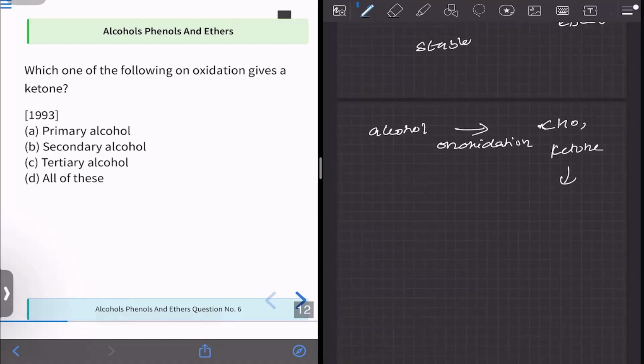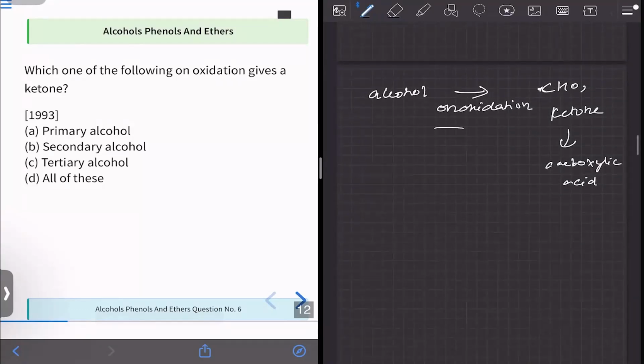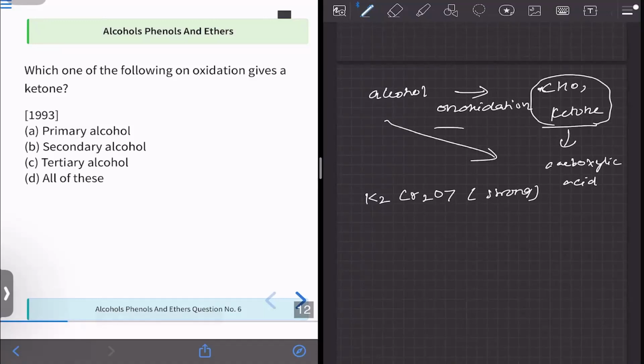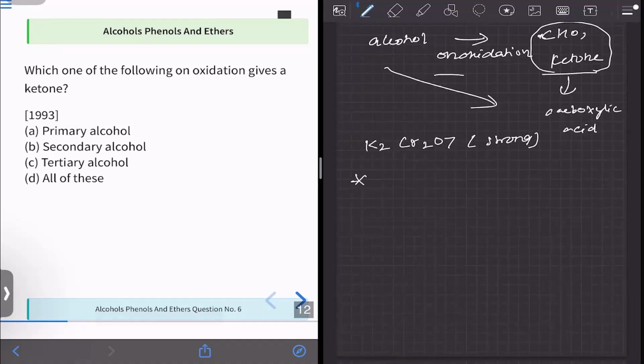On further oxidation, it produces carboxylic acid. What are the oxidizing reagents? Potassium permanganate is a strong one, so it does not stop at the intermediate stage. It finally converts alcohol to carboxylic acid.